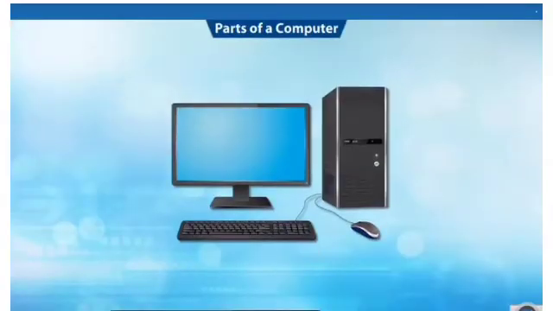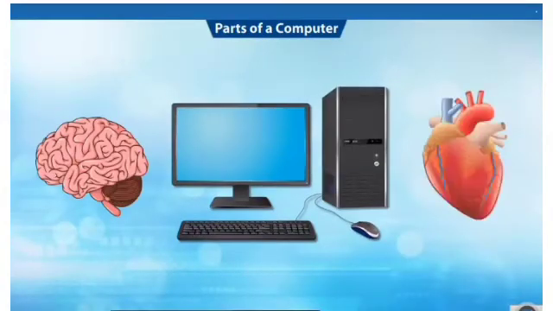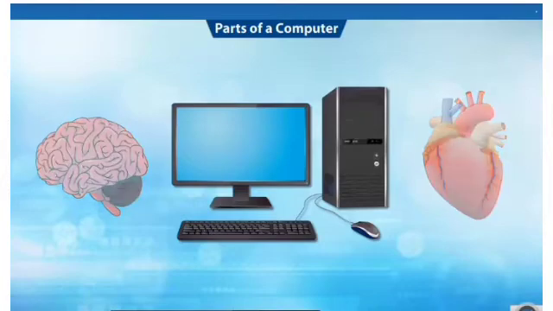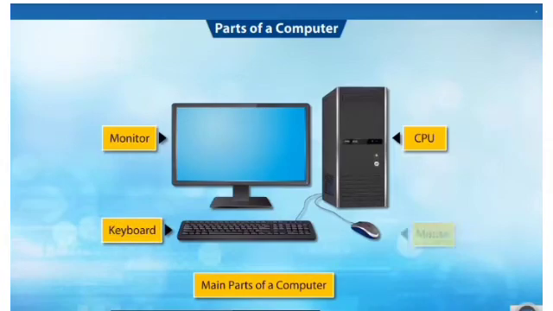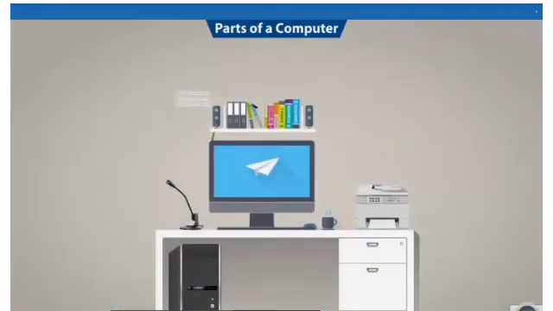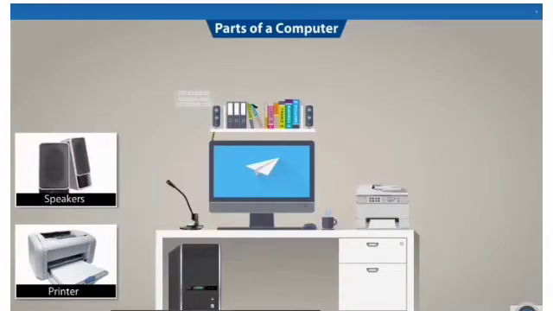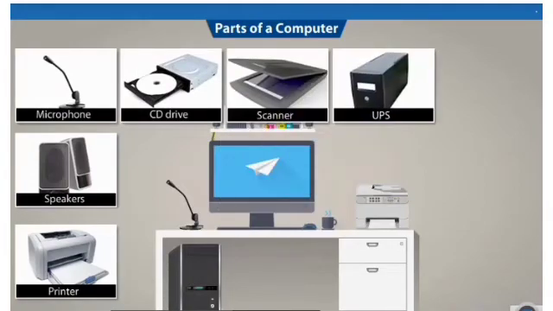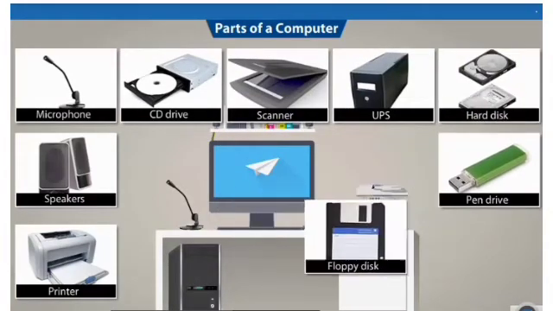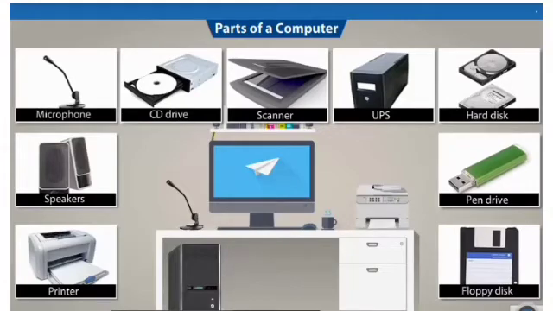You know that just as the brain and the heart are the most important parts of our body, a computer has its main parts too, without which it cannot work. These main parts are the CPU, the monitor, the keyboard, and the mouse. But we can attach additional parts like printers, speakers, microphones, CD drive, scanner, UPS, hard disk, pen drive, and floppy disks to a computer.